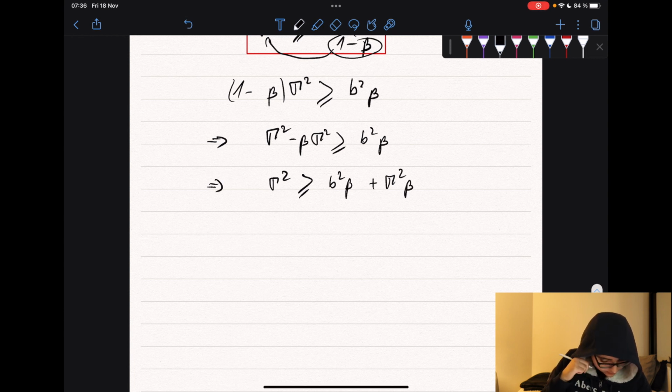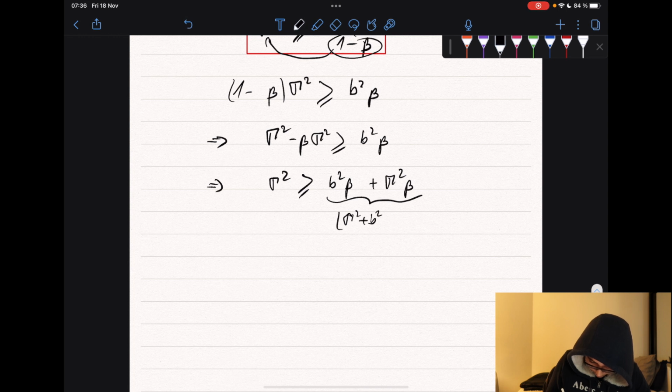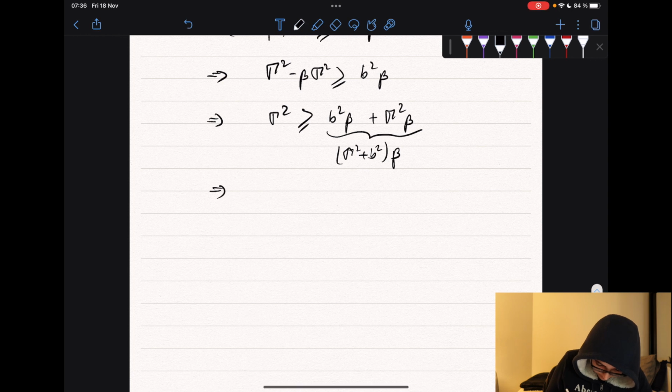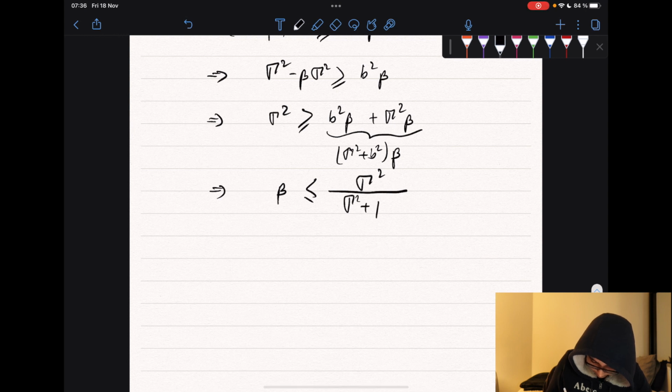We can isolate out the beta, so this is sigma squared plus b squared times beta, and the final conclusion is that beta is less than sigma squared over sigma squared plus b squared.